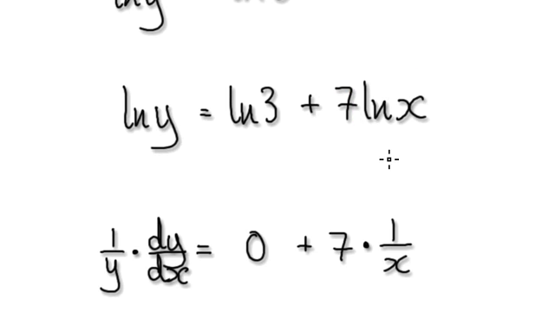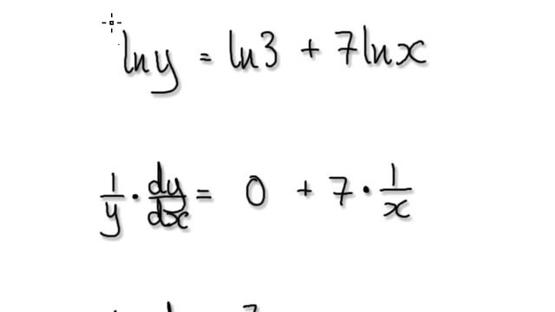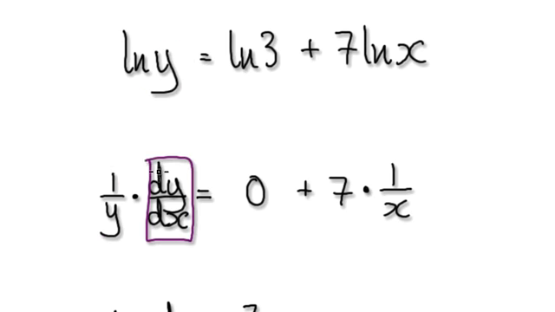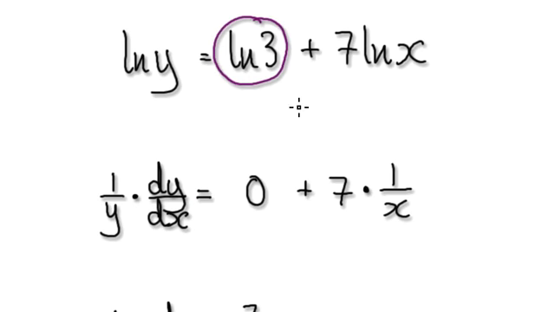Now use implicit differentiation. Differentiate this will give you 1 over y. Because y is a function of x, you need to times dy by dx. So that's the chain rule. Log 3 here is a constant, it's just a number.